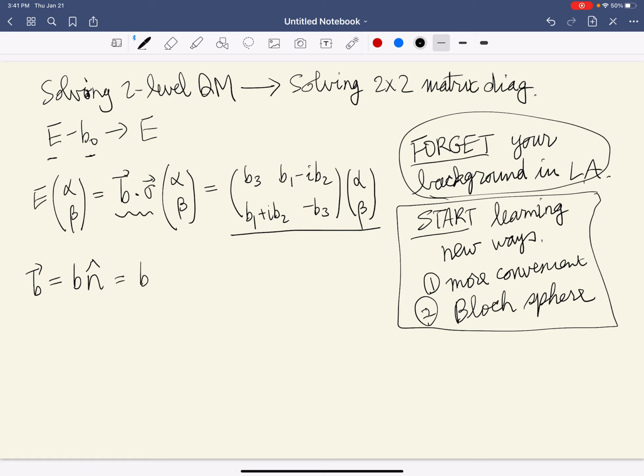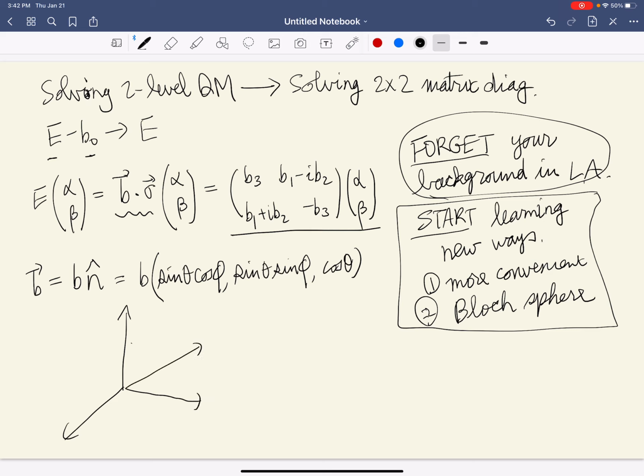And this unit vector has a spherical coordinate representation: sine theta cosine phi, sine theta sine phi, and cosine theta. Okay, so this spherical coordinate representation comes from this angle. It's called a polar angle.